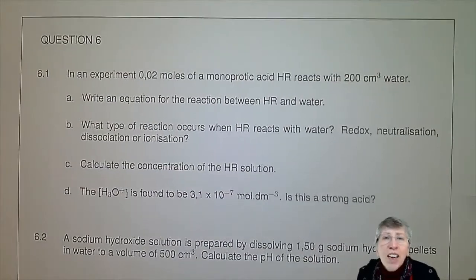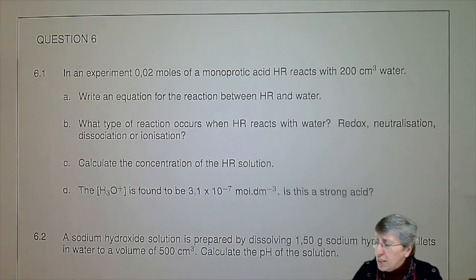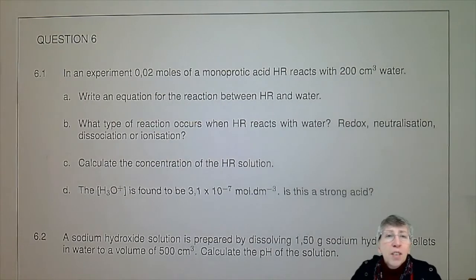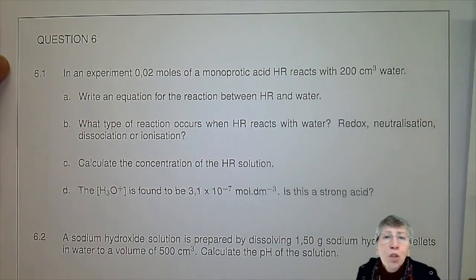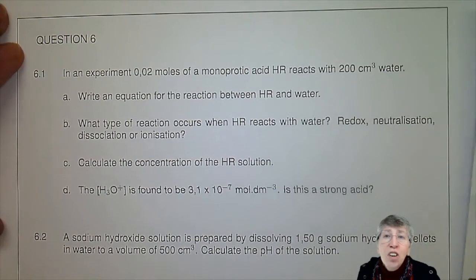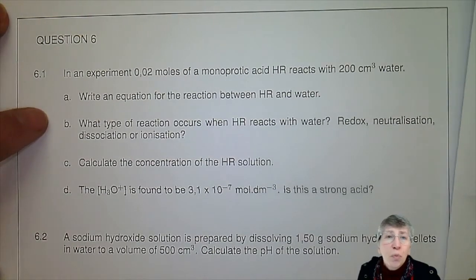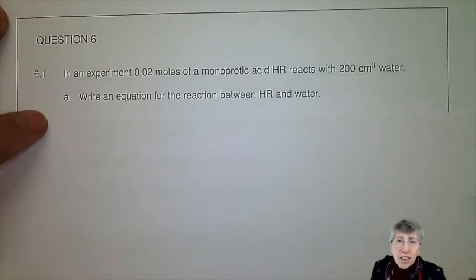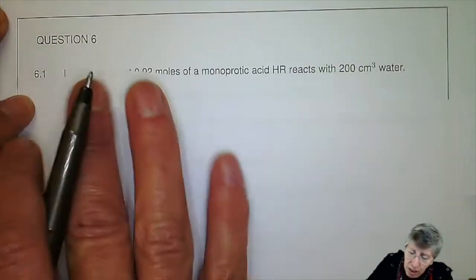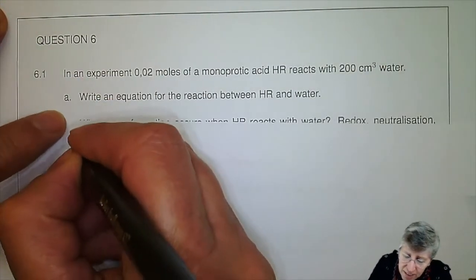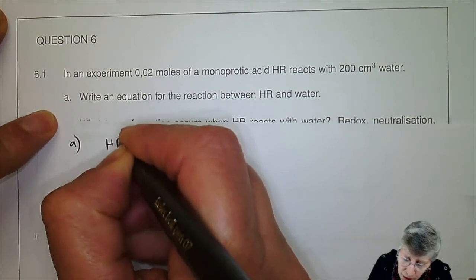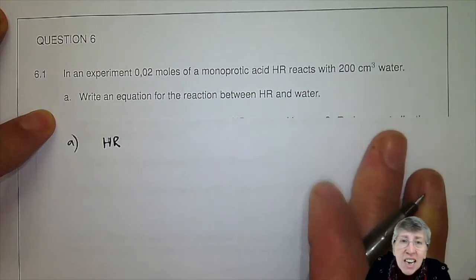Now we're going to look at longer questions. The first one there, 6.1. In an experiment, 0.02 moles of a monoprotic acid HR reacts with 200 cubic centimeters of water. Write an equation. Immediately I know that this is an acid, and what do I know about acids? It ionizes, right?